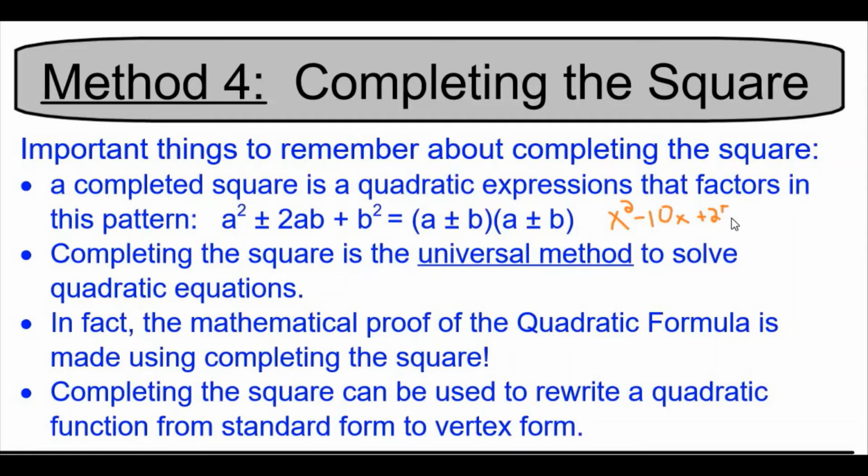Notice that this number is a perfect square, right? It's a perfect square of 5 times 5. So the factorization of this will come out to x minus 5, because the middle term is negative, and then x minus 5 again, right, because that's the identical twin term, making it a completed square. Negative 5 times negative 5 is 25, but when I add these two terms together, I get negative 10.